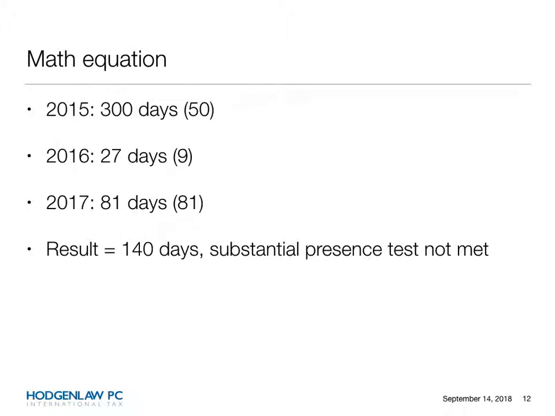And 81 days divided by 1 will be 81 days. Add them together, and the total is 140 days, which is less than the required 183 days. Thus, in this situation, the substantial presence test has not been met. You will not be considered a US tax resident in 2017.